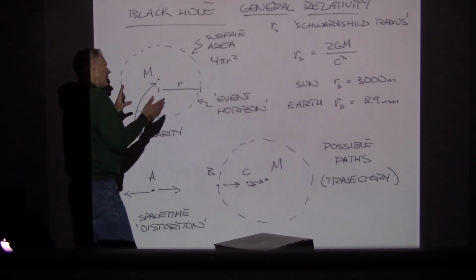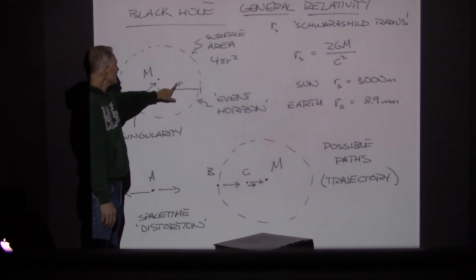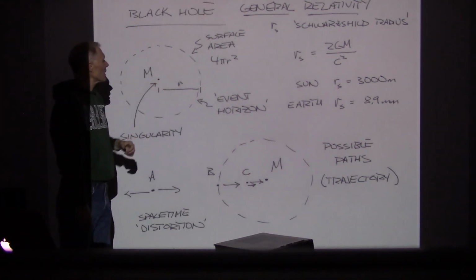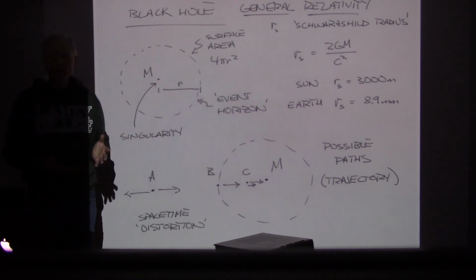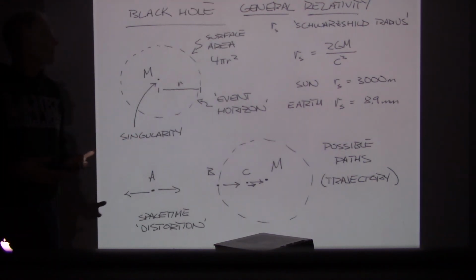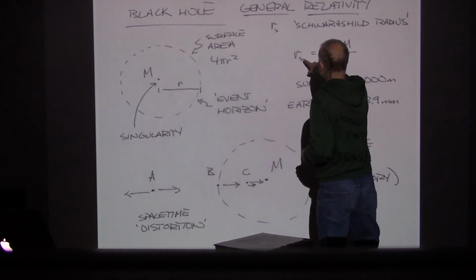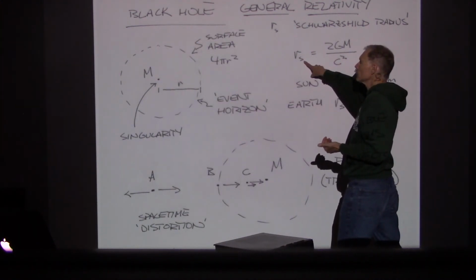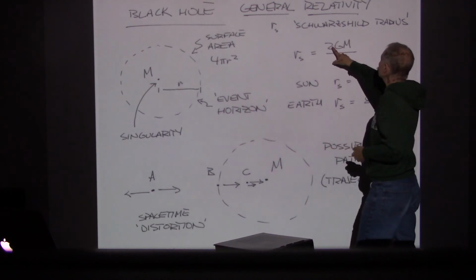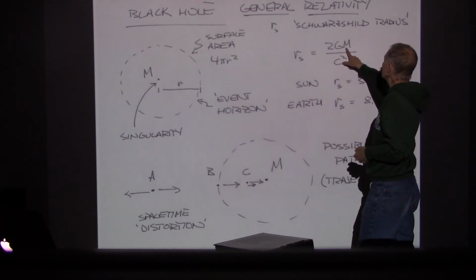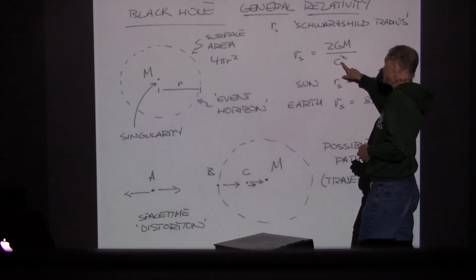And so you can imagine, in some sense, a distance r, and say that there's a spherical surface area, 4 pi r squared, and that makes up the event horizon. Now we can calculate those. The event horizon radiuses are given by 2GM over c squared, where c is the speed of light.